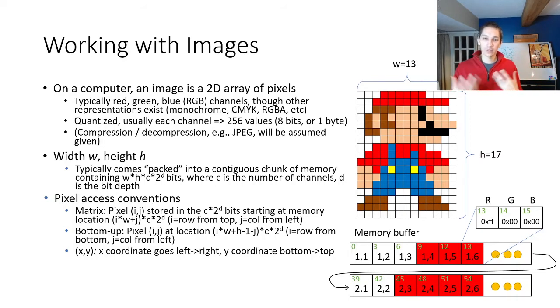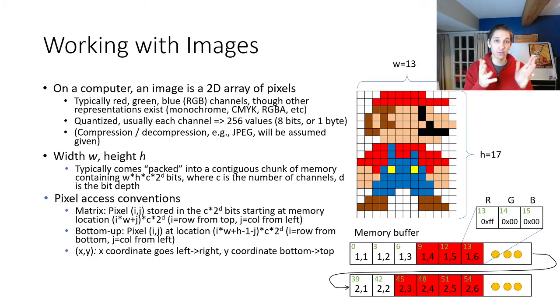So now, if we're trying to access a given pixel, you have to be aware of the type of pixel access convention that's being used. Oftentimes, we're going to be working with matrix convention, where the pixel (i, j) goes down i rows from the top and j columns from the left. Then we can access the pixel location given this convention: i times W plus j times the size of the pixel.